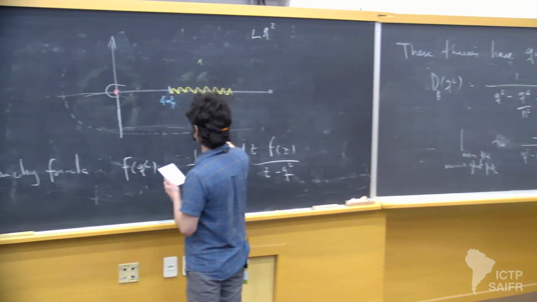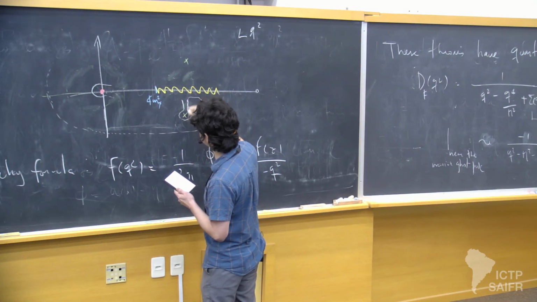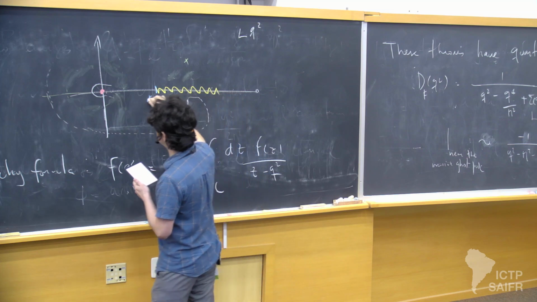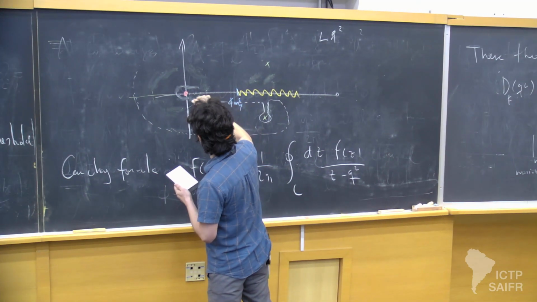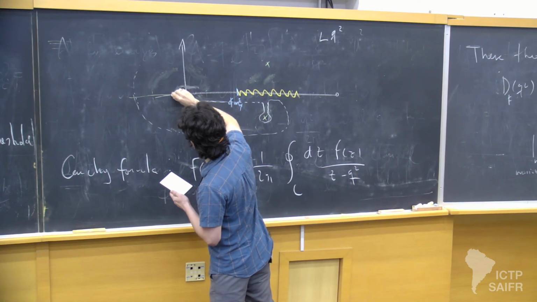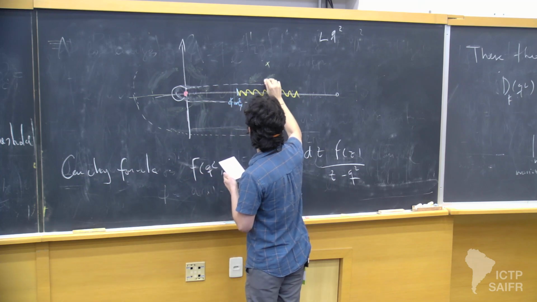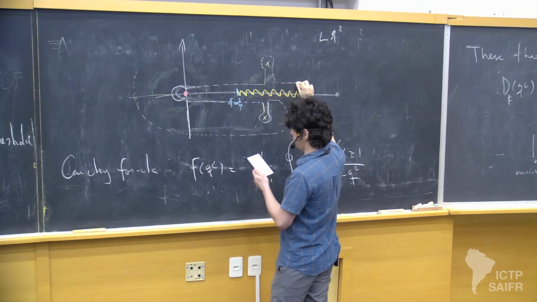So it's something that doesn't deviate, right? So it gives a contribution, but outside the contour. So it's something like this. It's a small circle here, and then you get here, and then you have a small circle here, and then you close at infinity.